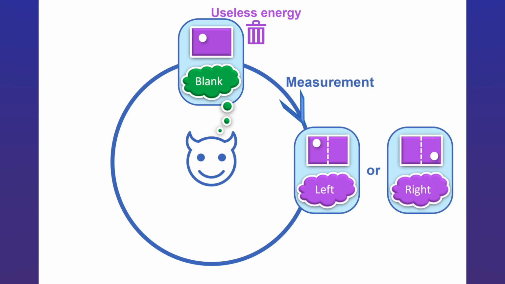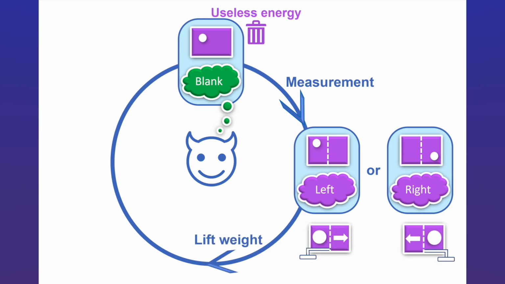Then the daemon measures which side of the box the particle is on and stores this information in its memory. Then if the daemon saw that the particle was on the left, it inserts a partition in the middle of the box and attaches a weight on the left side. And then as the particle collides with the partition and expands to fill the whole box again, this pulls up the weight and extracts useful energy.